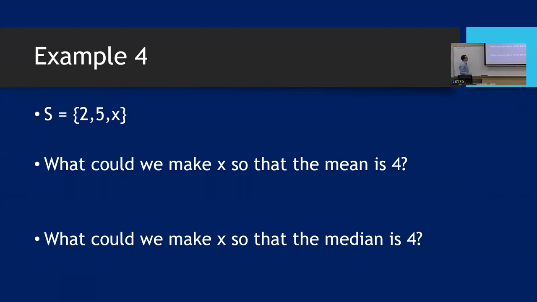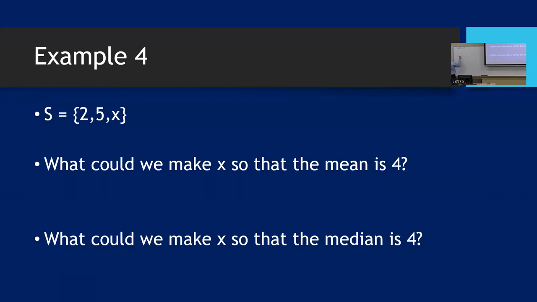Now, just because I've listed it 2, 5, and then x doesn't mean x is bigger than 5. x could be any number. It could be 0, 1, 2, 3, 4, 5. It could be 14.8 or negative 12.1. So just because we listed it there in the data set doesn't necessarily imply it's bigger than 5 or anything like that.